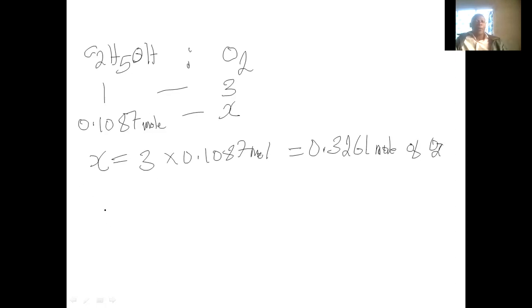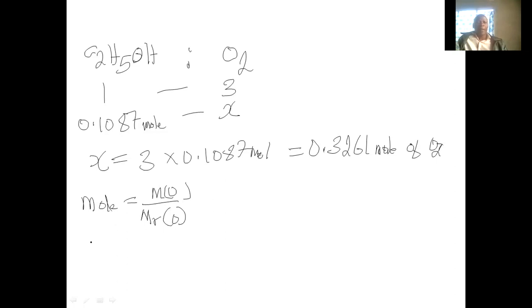For us to find the mass, we are aware that moles is equal to mass divided by the molar mass for oxygen.